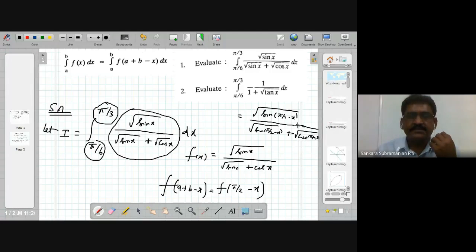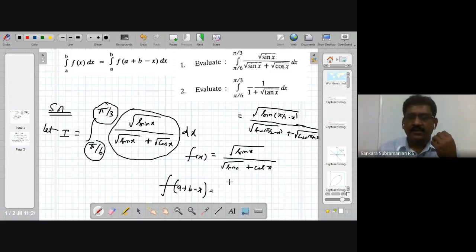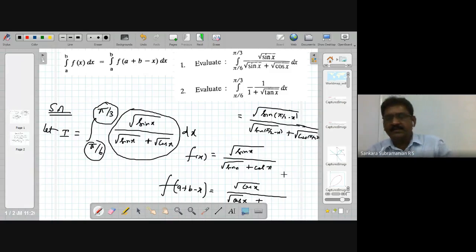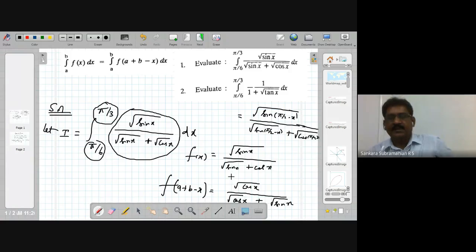So what is the answer? What is sin of 90 minus theta? Cos theta. Yes. So you will be getting square root of cos x by square root of cos x. What is cos of 90 minus theta? Sin theta, sin x. So this is f of x, this is f of a plus b minus x.